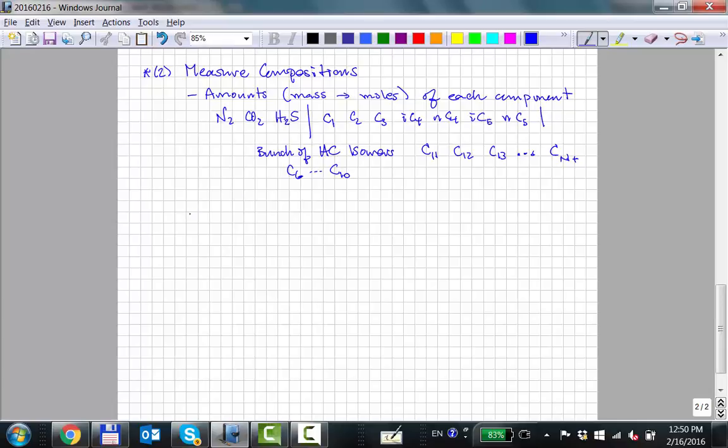If we look at what the CN plus was pre-1980, it was C7 plus. That's it. They didn't even give you how much benzene or toluene there was. It just gave you total C7 plus.